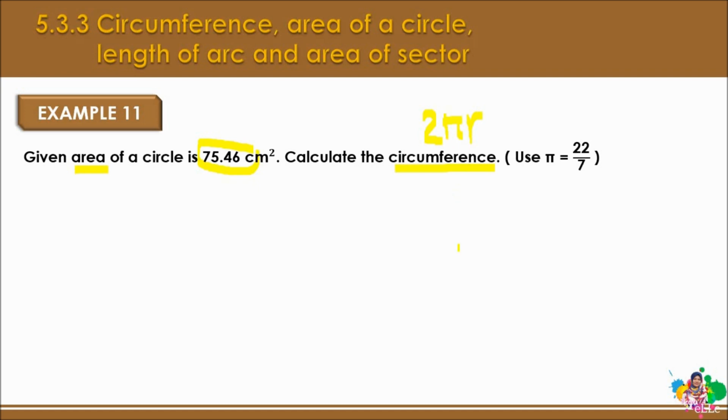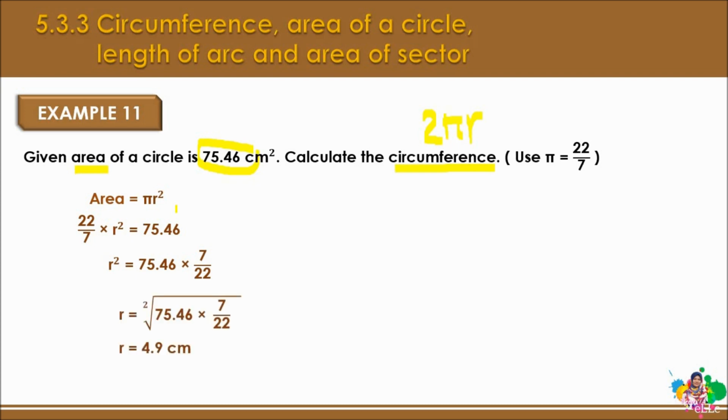But in this question, you do not know the value of r, so you have to find the value of r by substituting the value in this formula: area equals pi r square. Then you solve this equation, you get r equals 4.9 centimeter.